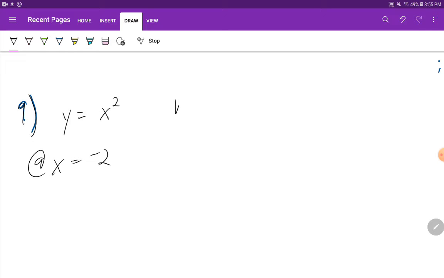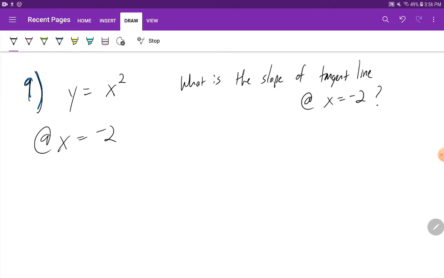So they're asking, what is the slope of the tangent line at x equals -2? So we're going to need to use that formula again, all right? I'll write down the formula, the general one. It goes limit as h goes to 0, f of a plus h, and this is the x value that you're interested in.